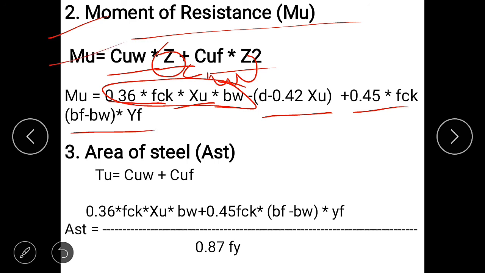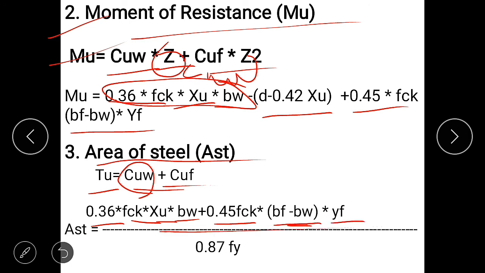Now calculate area of steel. For area of steel, Tu equals Cuw plus Cuf. So the formula of Cuw is 0.36 fck into Xu into bw, and Cuf is 0.45 fck into (bf minus bw) into yf, and Tu formula is 0.87 fy into AST.